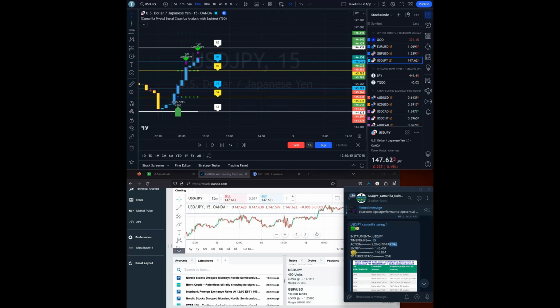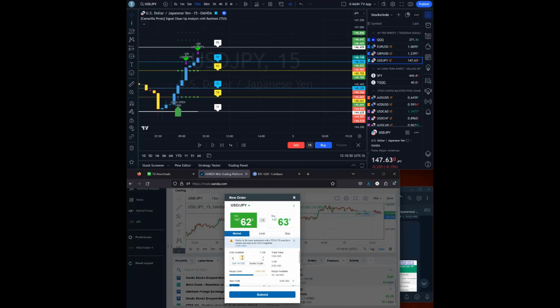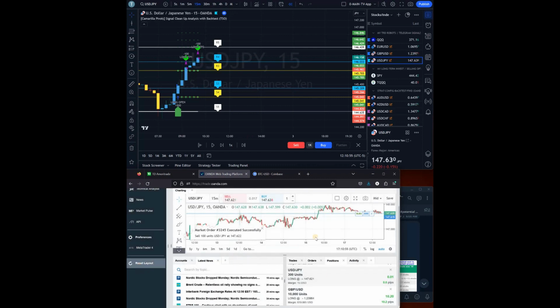Instrument, time frame, long TP partial, TP2, percentage 25, 25% from 400 is 100. So we're going to sell 100 more. And we have 300 remaining. So let's continue.